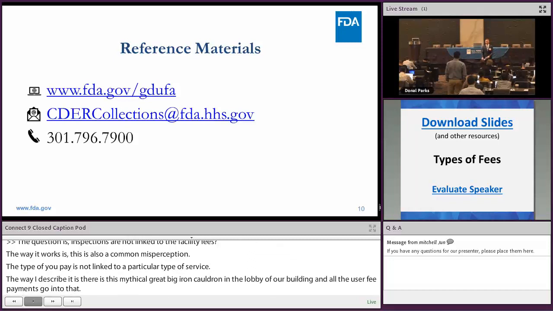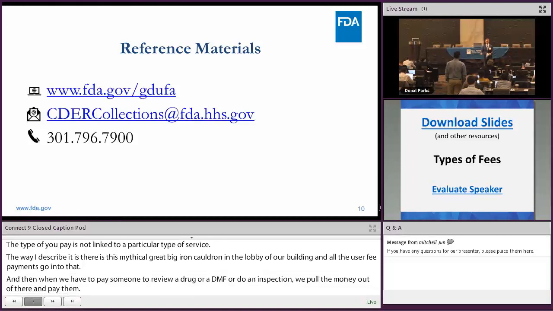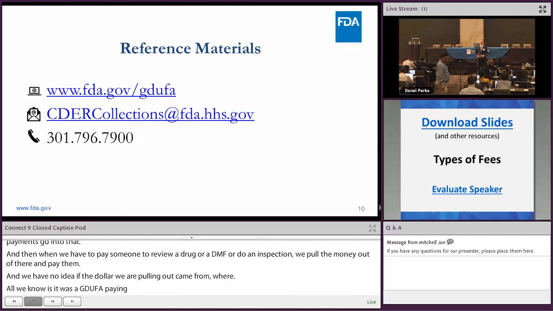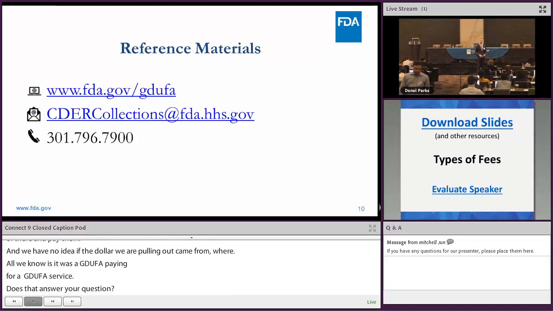And we have no idea if the dollar we're pulling out came from an inspection or a facility fee payment or an application fee payment. All we know is that it was a GDUFA payment paying for a GDUFA service. So there's no link per se between facility payments and inspections of those facilities. Does that answer your question? Thank you. Okay, great. But that is something that we encounter regularly. It's a common misperception that I've been trying to fight over the years.